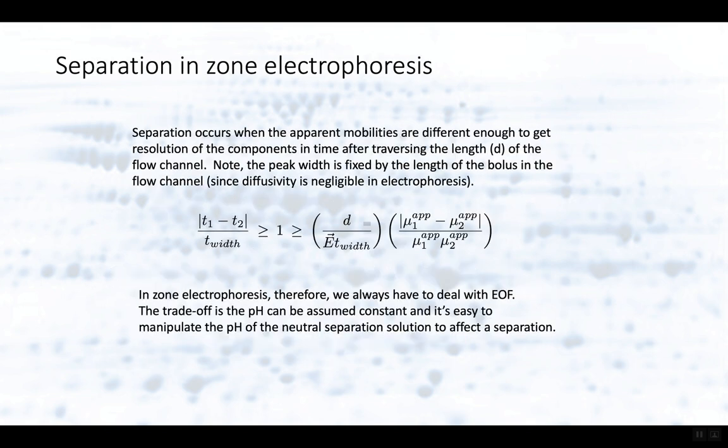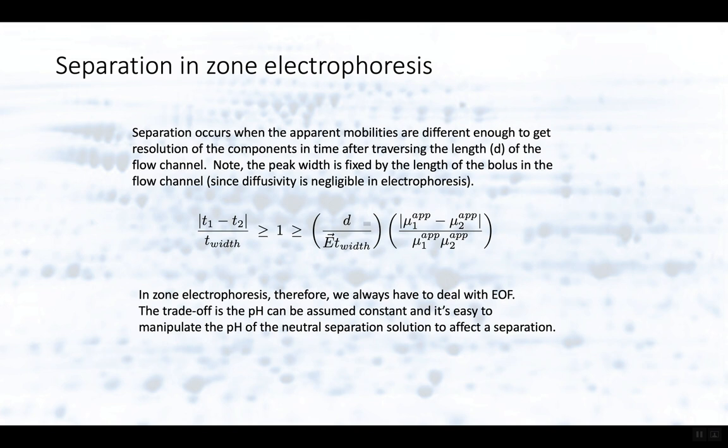All right. Now, separation is fairly simple. It's the width of the peak that we're using. Now, remember, the ions are the only thing moving. So if there's a pH gradient generated in the column, you might be able to get some ions moving faster than others at different times, depending on their fractional charge.